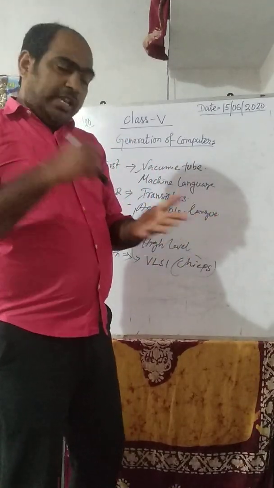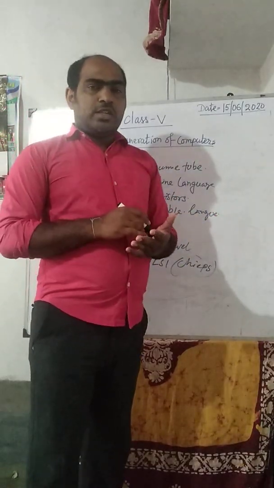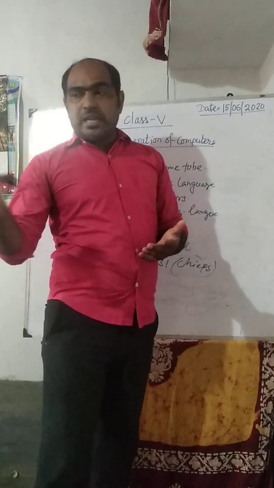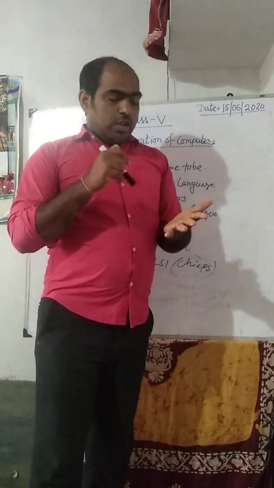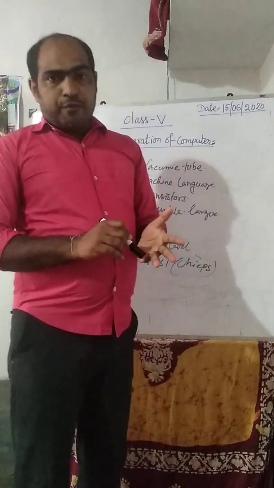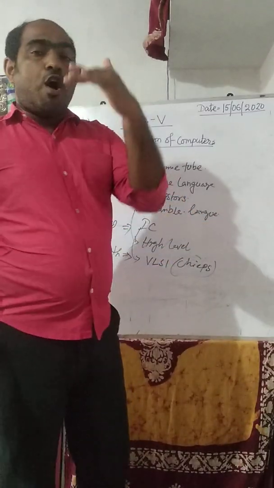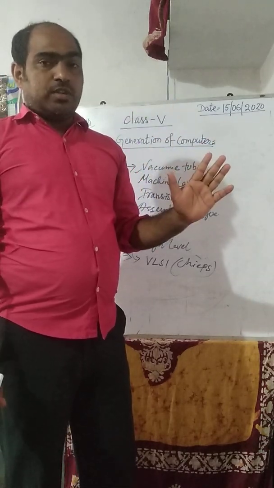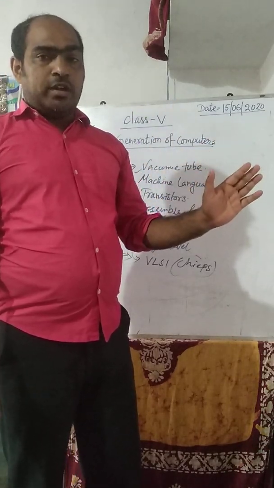No. Still, we are using fourth generation computers. That technology we are still using. Whatever you can see, desktop, laptop, palmtop, all are examples of fourth generation computers. Still now it is going on.